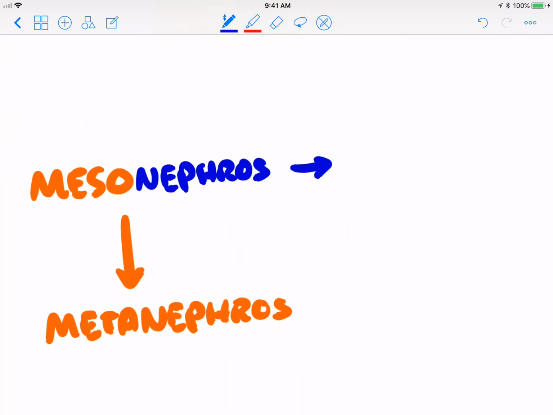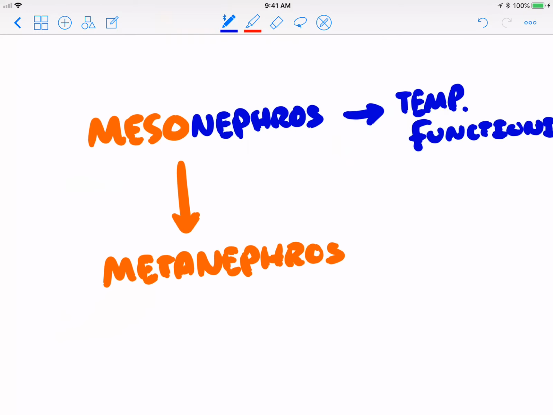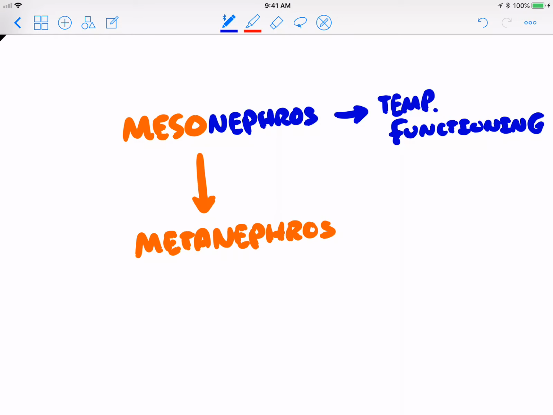The mesonephros is temporary, but it is functioning. And what do I mean by functioning? Well, it works as a temporary excretory unit. So it can temporarily filter the blood within the developing fetus. And then most of this does degenerate.